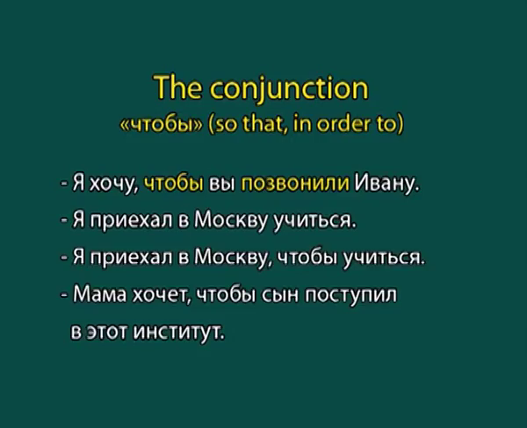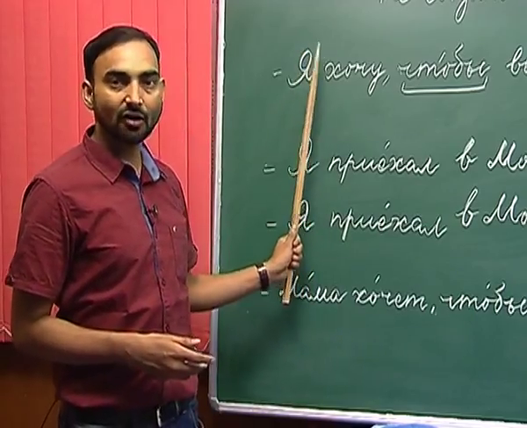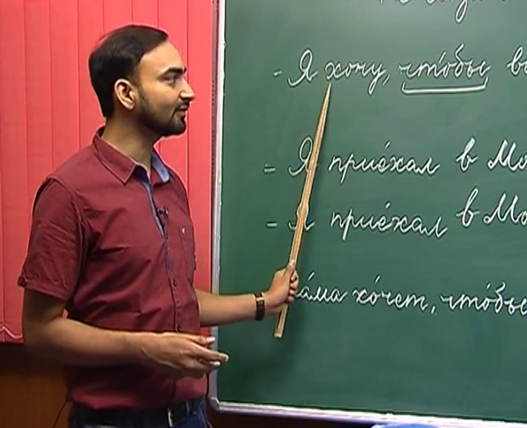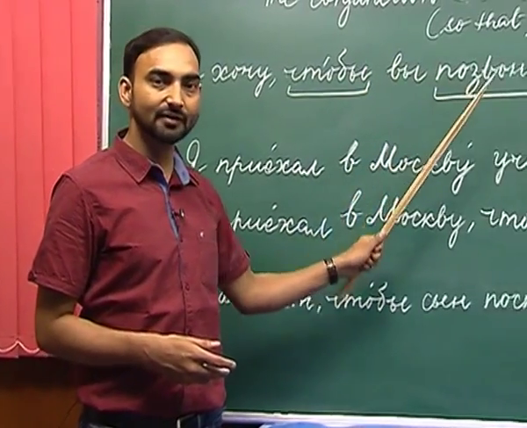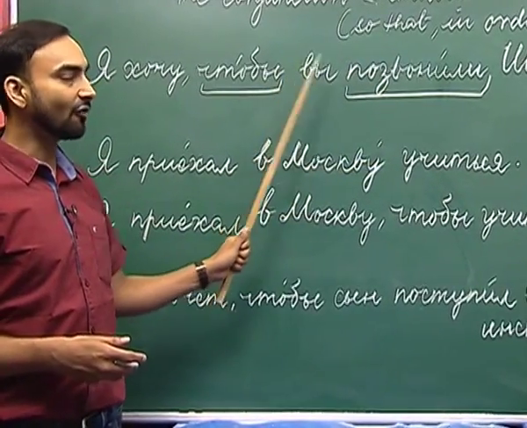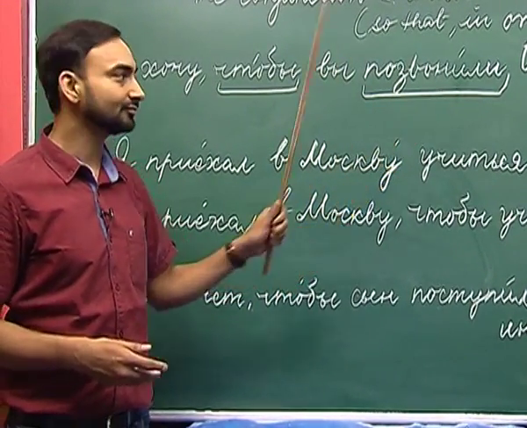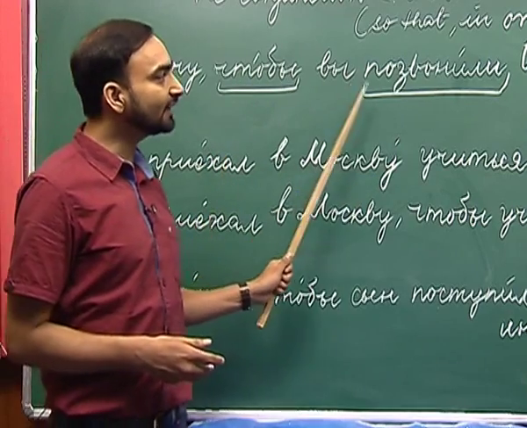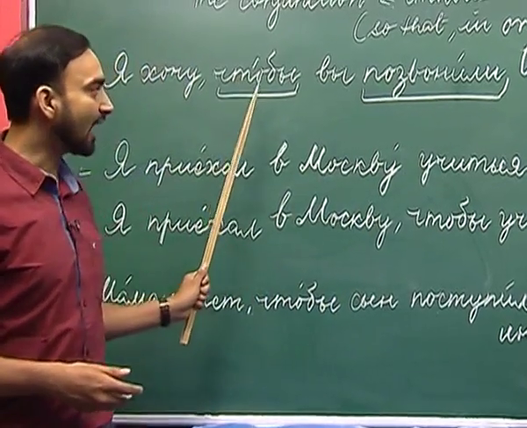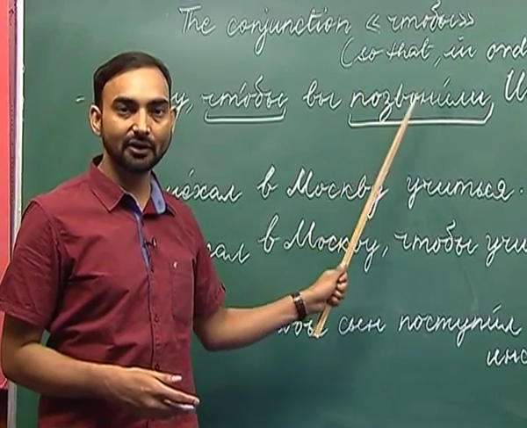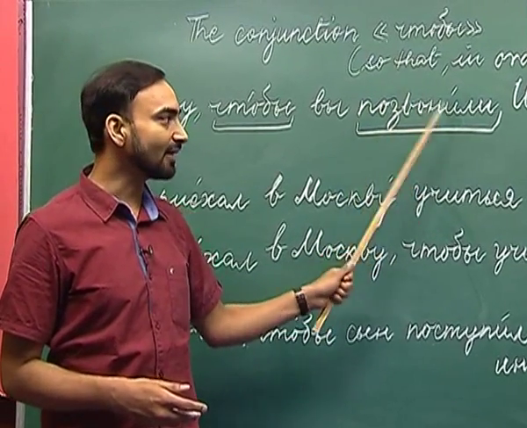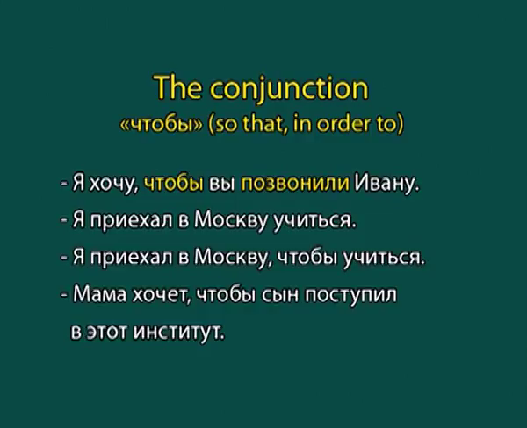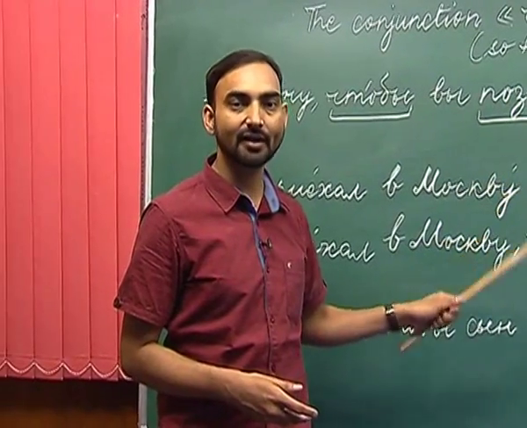The subject of the main clause demands the subject of the subordinate clause to perform a certain action, and we use this construction with the verb in the subordinate clause in the past tense. Я хочу, чтобы вы позвонили Ивану, and this happens when the subjects of the main clause and the subordinate clause are different.